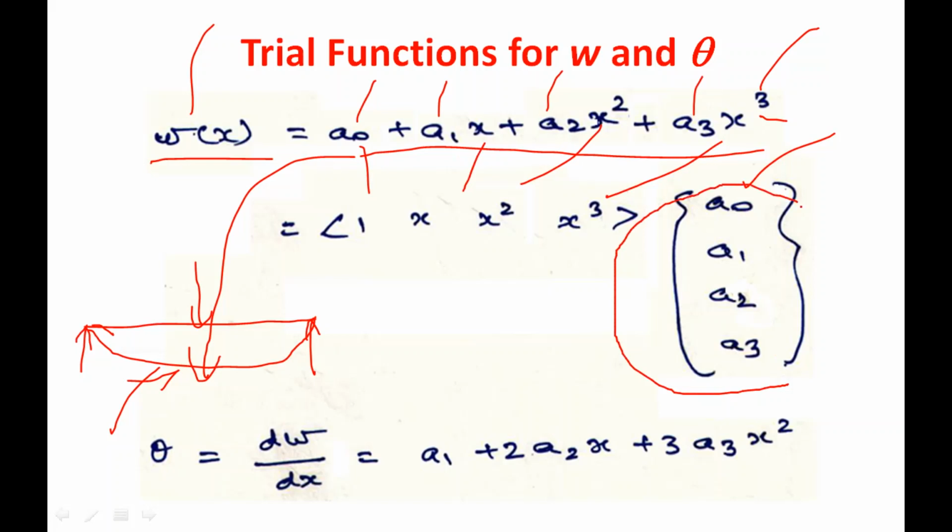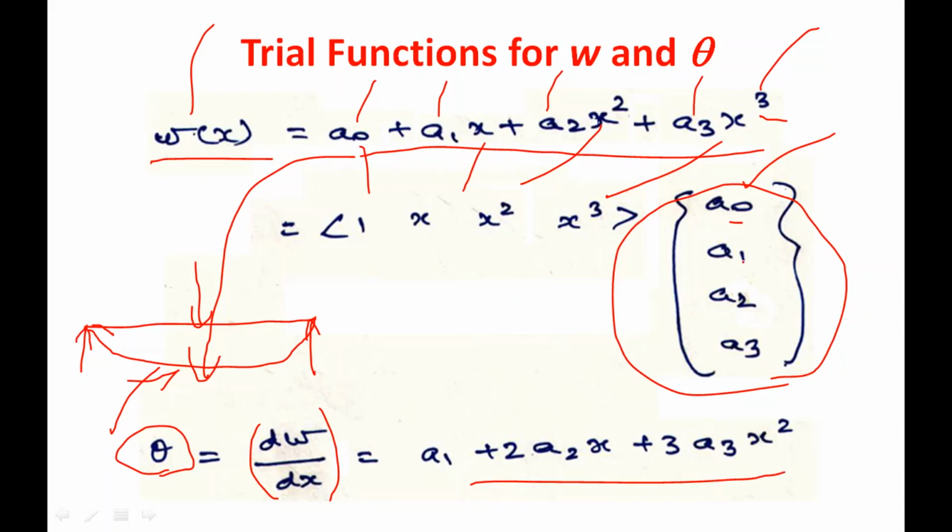These are called the unknown coefficient matrix or Ritz coefficient matrix. Since we have another degree of freedom theta, what is theta? By definition it is dw by dx, the first order derivative of the transverse deflection. When you differentiate this, a0 will become 0, and you will get a1, 2a2 x, then 3a3 x square. This is for theta.